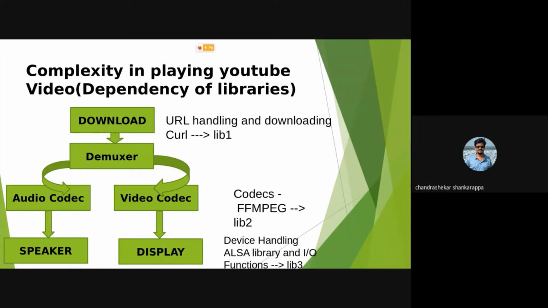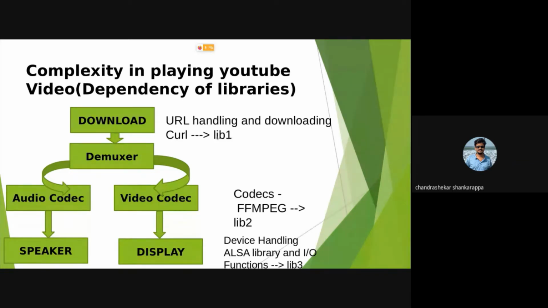Okay, so for downloading, there is a library called libcurl. That does the URL handling. Its purpose is to download links, manipulate links, and upload to links. That is the library which is specially meant for handling HTTP and HTTPS links. Okay, so if we develop that common component, instead of the YouTube player, some other application can use the same library, the common code, right?